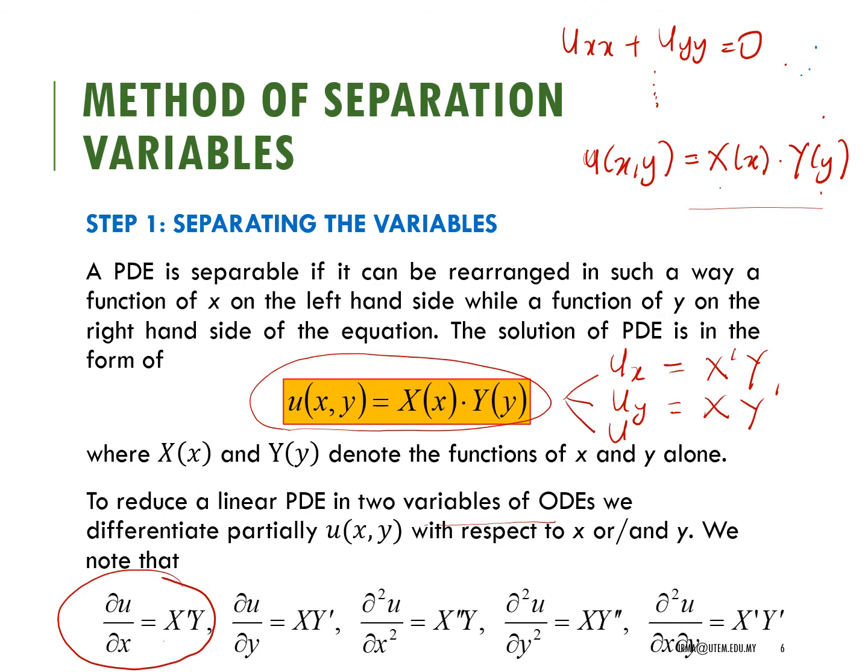If you have u_xy, it means you have second order and you need to differentiate for both variables, so you have X prime Y prime.